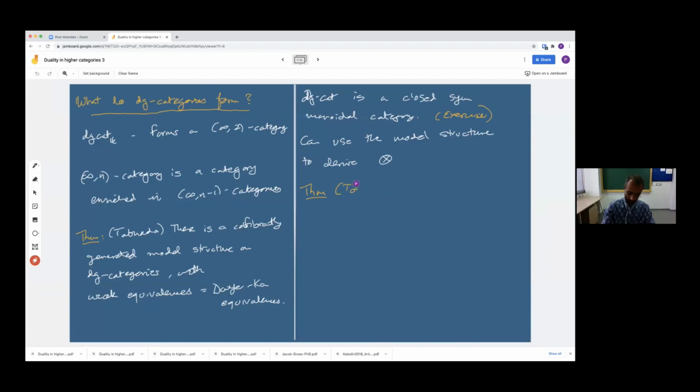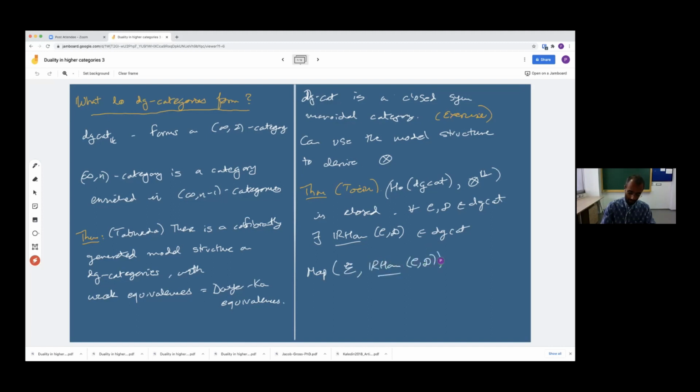It says the following, that the homotopy category of DG categories, or I use the notation H, but anyway, with the derived tensor product is closed, which means that there exists, so for all C, D in DG cat, there is R hom CD also in DG cat, such that maps from E, some other DG category, to R hom CD is maps from E derived tensor product C to D.